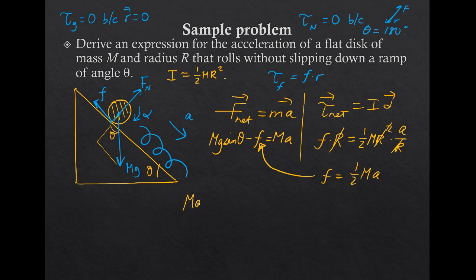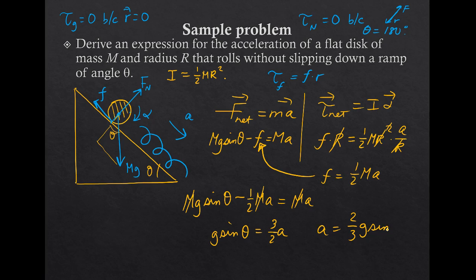Okay, so we have mg sine theta minus 1/2 ma is equal to ma. Well, the m's are going to cancel, and we're going to get g sine theta is equal to 3/2 a, or in other words, a is equal to 2/3 g sine theta.